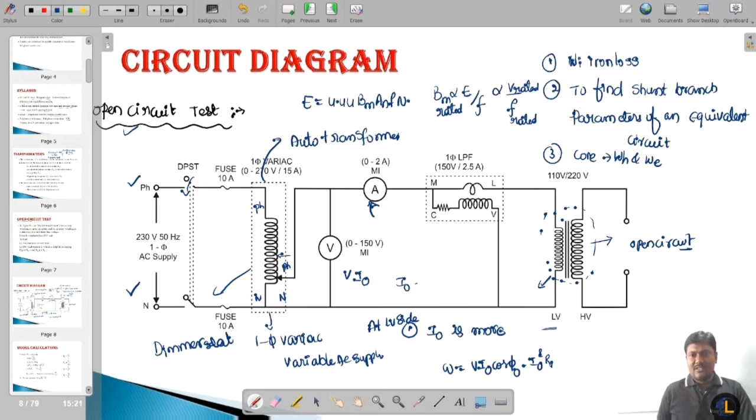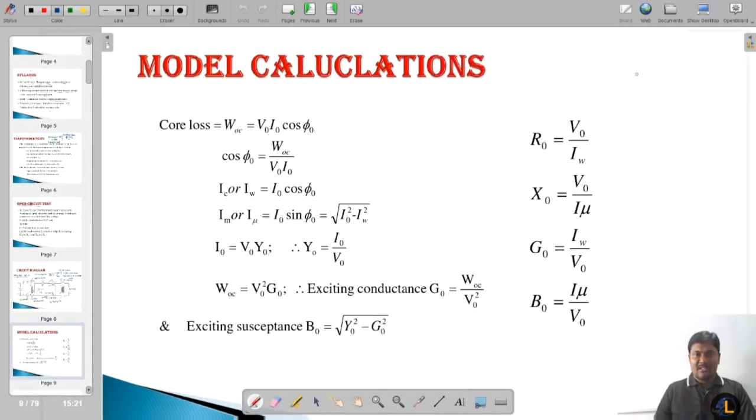So the no load copper losses will be negligible. That's why whatever the wattmeter reading indicates is the iron losses in the transformer core. The first main objective is over, and the second main objective is to find out the shunt branch parameters.